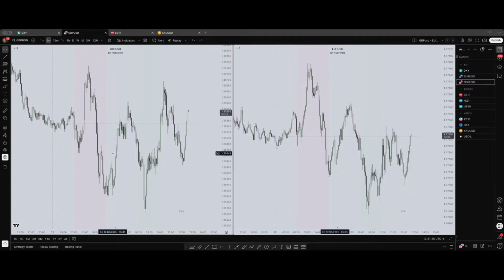But yeah, which asset are you talking about? Because could be any, could be gold, Nasdaq, Euro USD. Euro USD. Yeah. Okay.